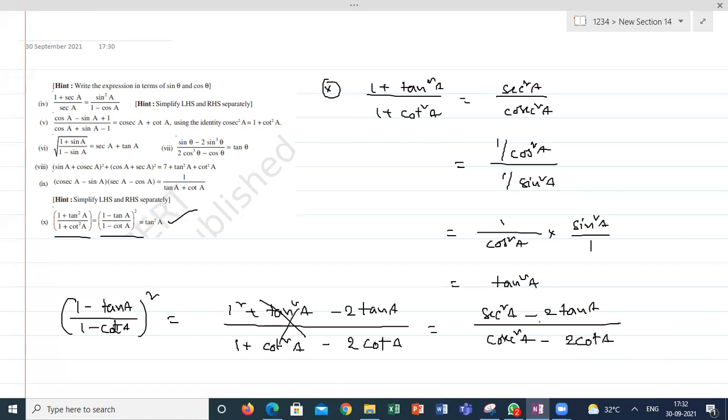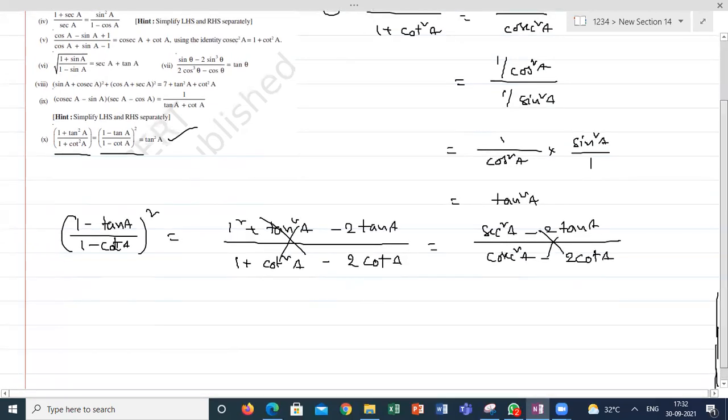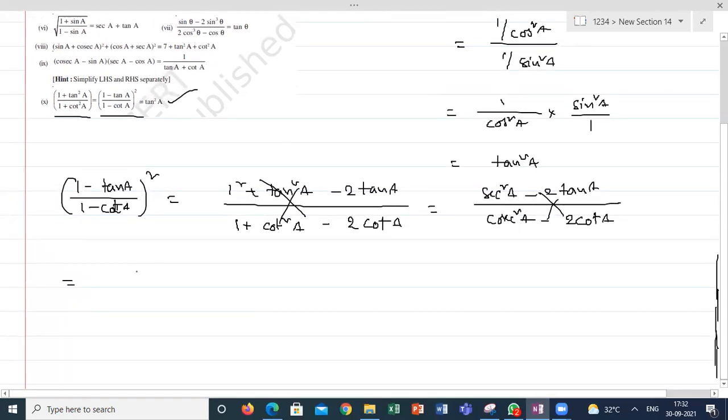So instead of expanding straight away, I am taking sin and cos inside the square itself. ((1 minus sin A by cos A) divided by (1 minus cos A by sin A)) whole square, because cot is cos by sin.